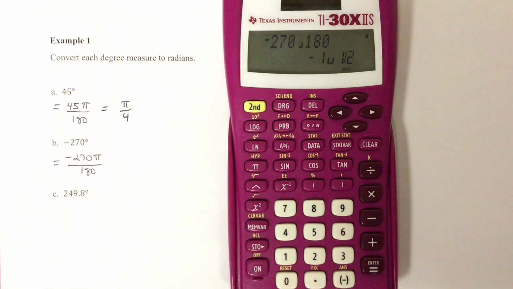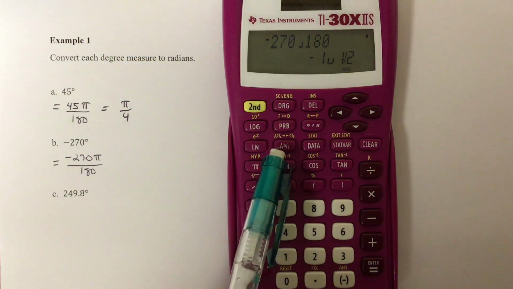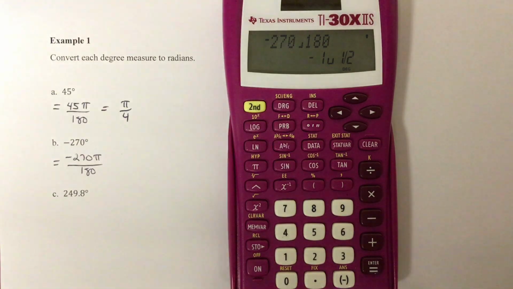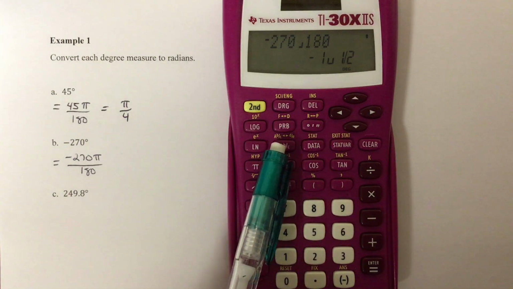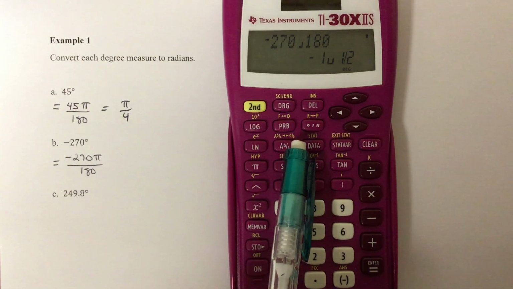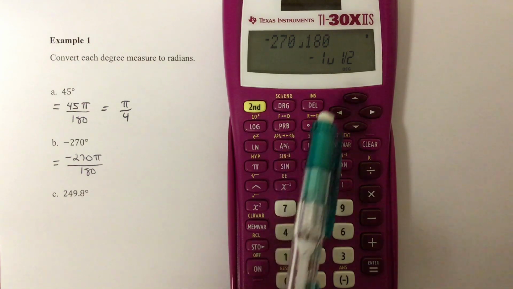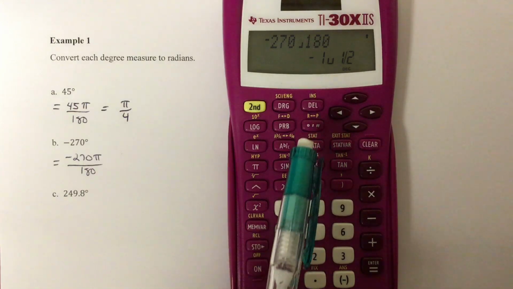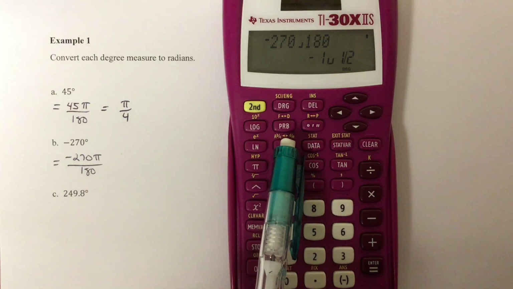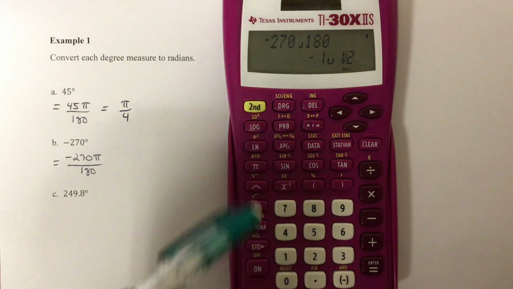Now you could certainly convert that to an improper fraction yourself, but the calculator will also do that for you, because the second function of the fraction button right here, you can see it looks like it's converting a mixed number to just a plain fraction, and that is in fact what it does. So if you have a mixed number and you want to convert it to an improper fraction, you just use the second function of your fraction button.